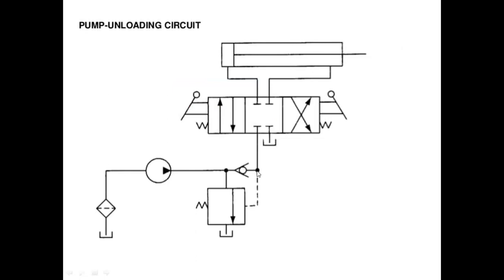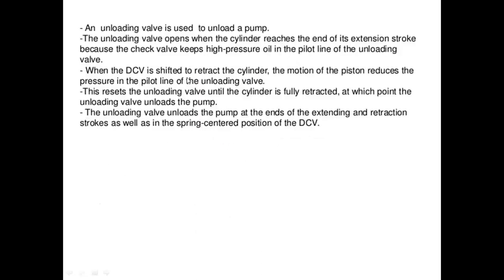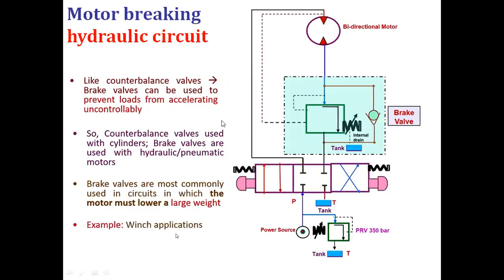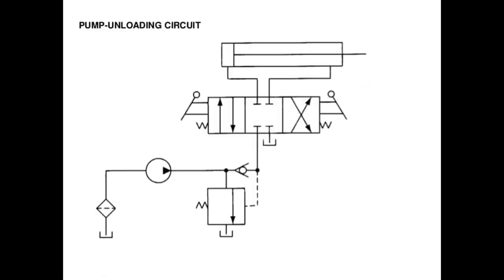Oil goes like that at first position. When the DCV is shifted to retract the cylinder, the motion of the piston reduces the pressure in the pilot line of the unloading valve.